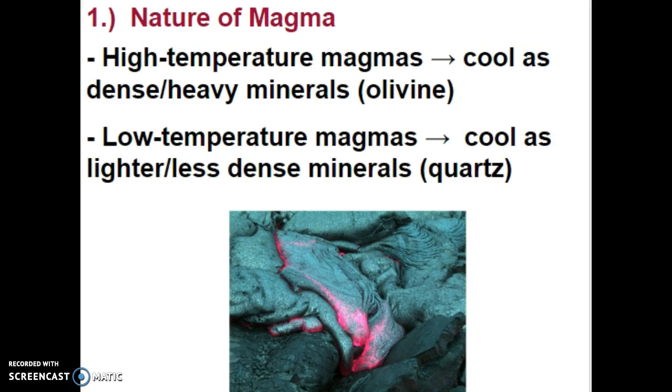And because intrusive igneous rocks form from magma, depending on the temperature and the composition of that magma, we will have different types of minerals that will form different types of igneous rocks. A very high temperature magma tends to cool off as very dense and heavy minerals, like the mineral olivine, which is often found in oceanic crust.